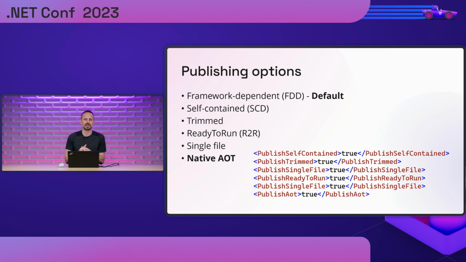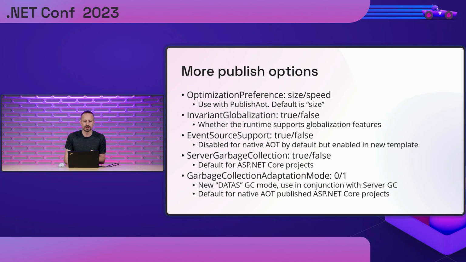But native AOT is definitely the peak of the optimizations, and as a result, there are some compatibility things that you need to deal with. There are lots of other publish options that you can use here as well to tweak a few of these different modes. With AOT, you can optimize for size versus speed. The default is to optimize for size, which makes it slower, but you can also optimize for speed, which makes it a little bit bigger, but it does run faster.